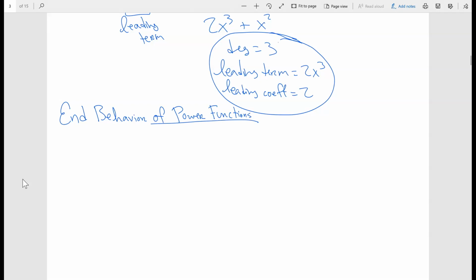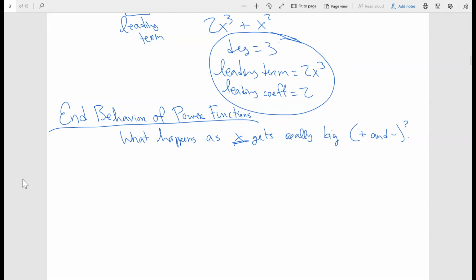Okay, so when we talk about behavior, we're basically saying what happens as x gets really big. And I mean this in both the positive and negative way.